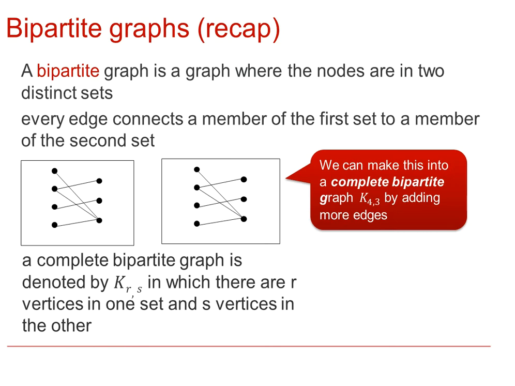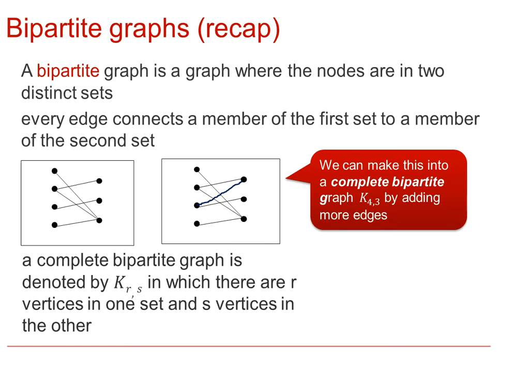You'll note that a complete bipartite graph is denoted by K_RS, in which there are R vertices in one set and S vertices in another. We can make the diagram into a complete bipartite graph K_4,3 by adding more edges.